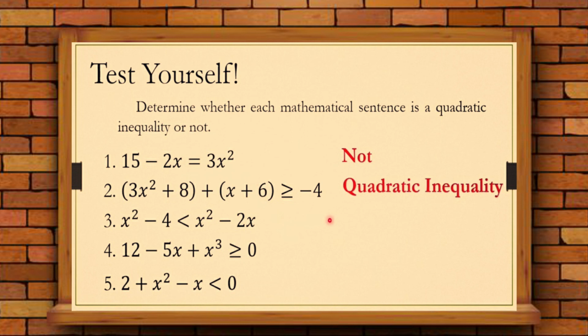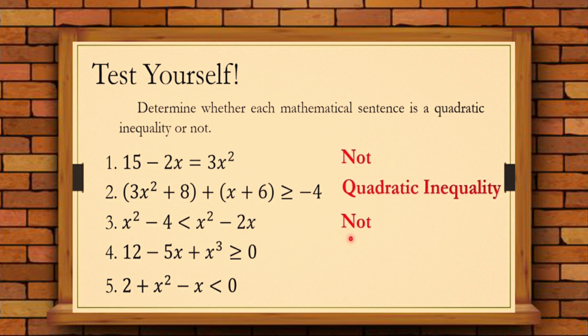Another, number 3. So, if we transfer x squared, we will have x squared minus x squared. It means our a is equal to 0. So, therefore, this is not a quadratic inequality.